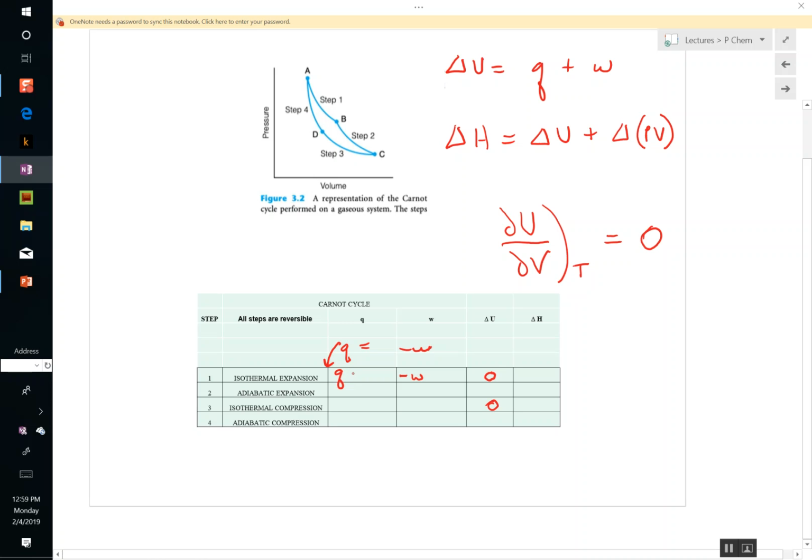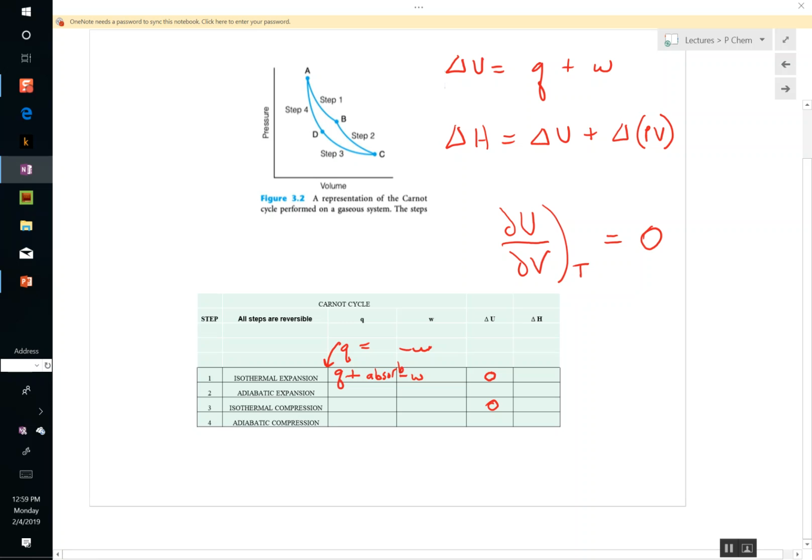And heat is going to be positive. It's going to absorb heat. As that gas expands under those conditions, temperature's not changing, but the gas is going to absorb heat from the surroundings.